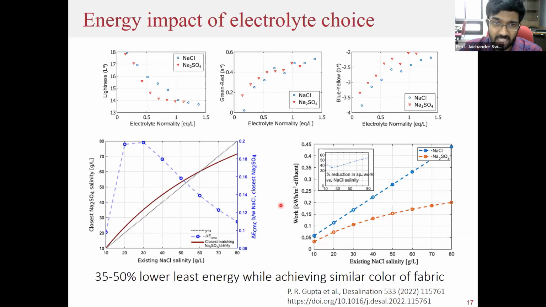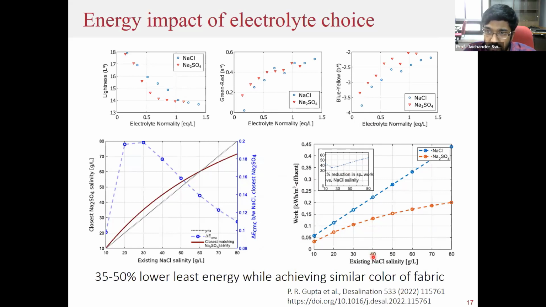But overall, the big picture idea in this slide is that using this data, I can choose the concentration of the sodium chloride to achieve a very close match with the color produced with the sodium sulfate. And once I choose these concentrations, I can compare the energy consumption. So on this side, I compared the energy consumption, the specific work, versus the existing sodium chloride concentration.